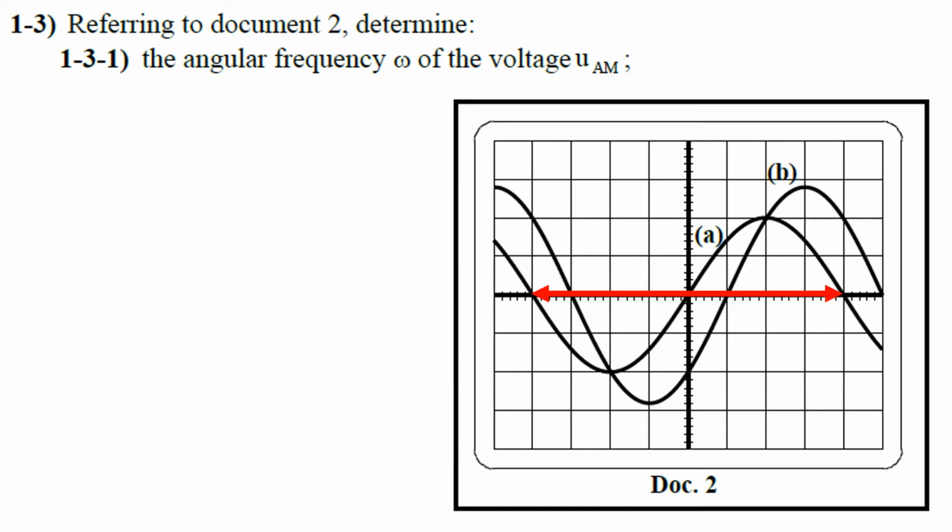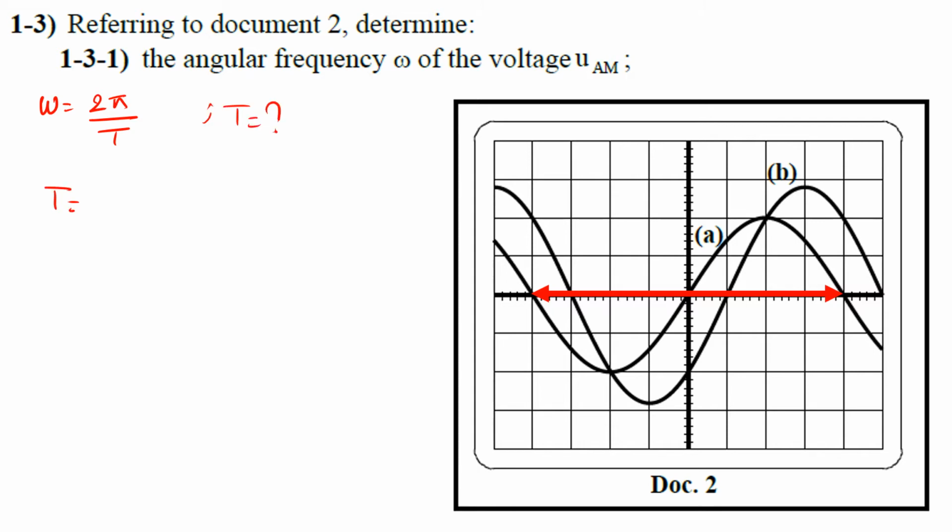Referring to document 2, determine the angular frequency of the voltage UAM. Okay, the angular frequency, which is omega, is equal to 2 pi over T. So first thing we have to find T. T is not given.